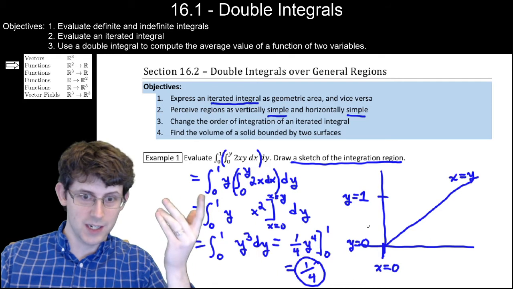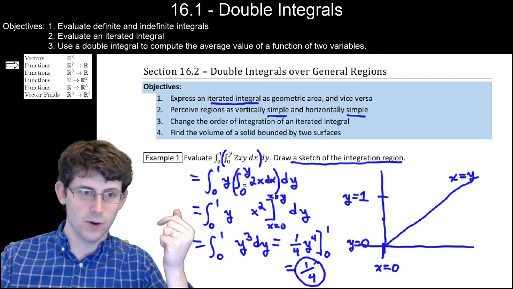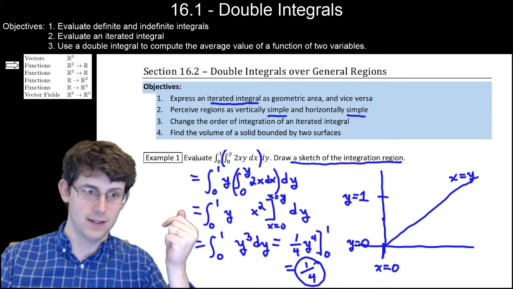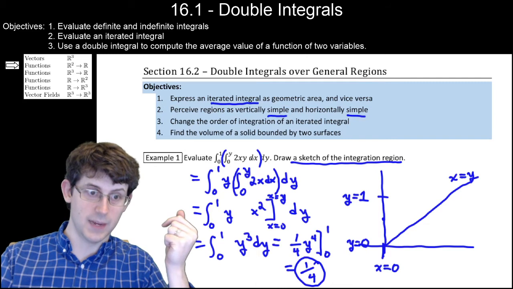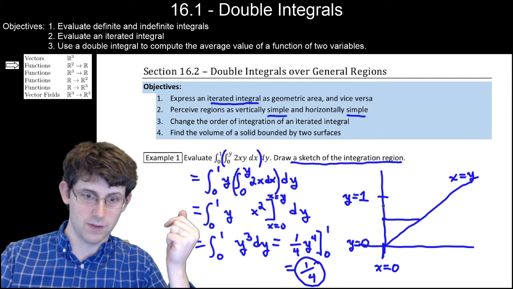So what's the region? Well, for any value of y between 0 and 1, we go from x equals 0 up to x equals y. So for any y, say this y, we go from x equals 0 up to x equals y, all the way up to here. So the region is this triangle.